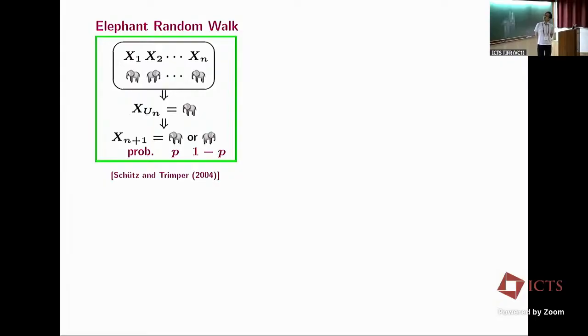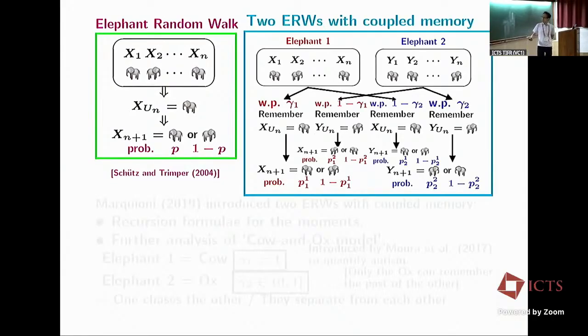Today, I'd like to discuss some interacting random walks. This is one generalization: two elephant random walks with coupled memory. There are two elephants, a red one and a blue one.